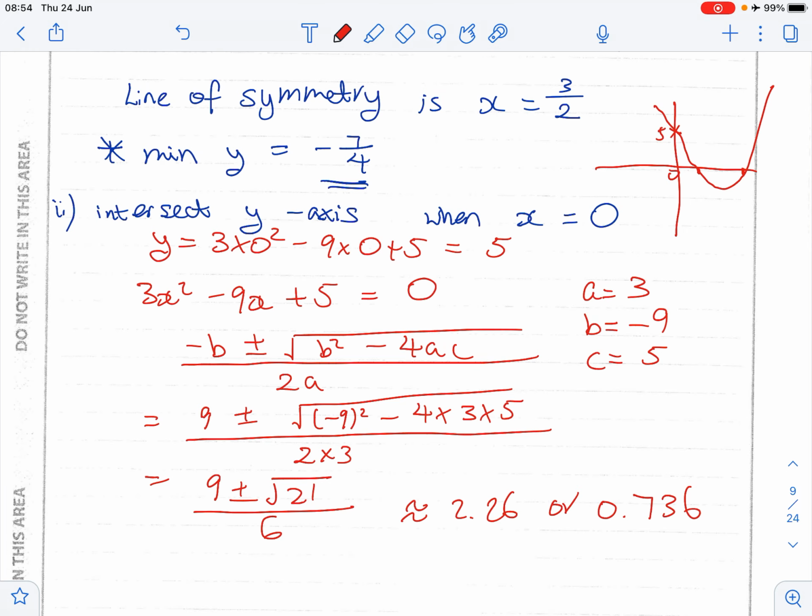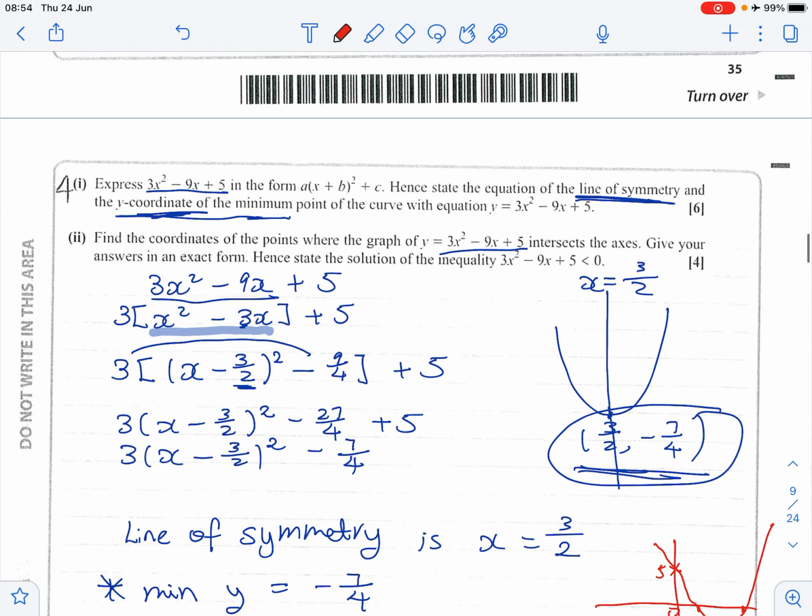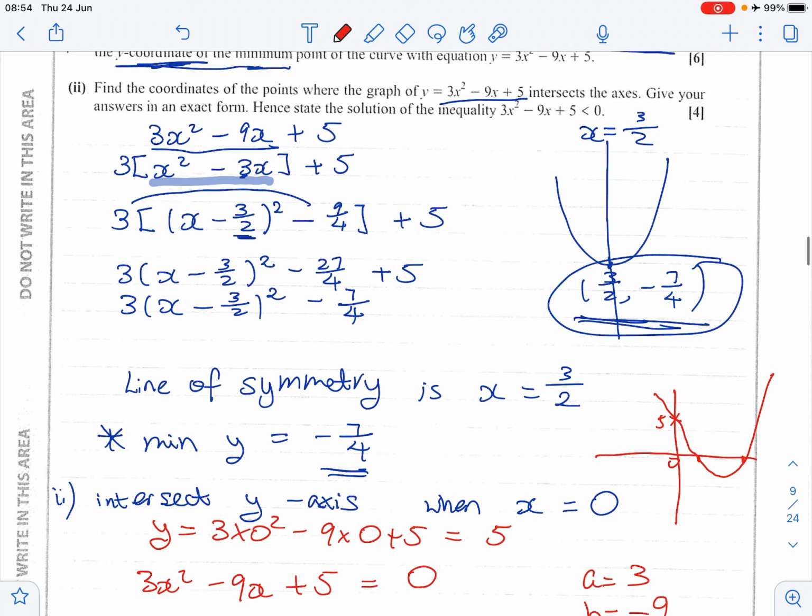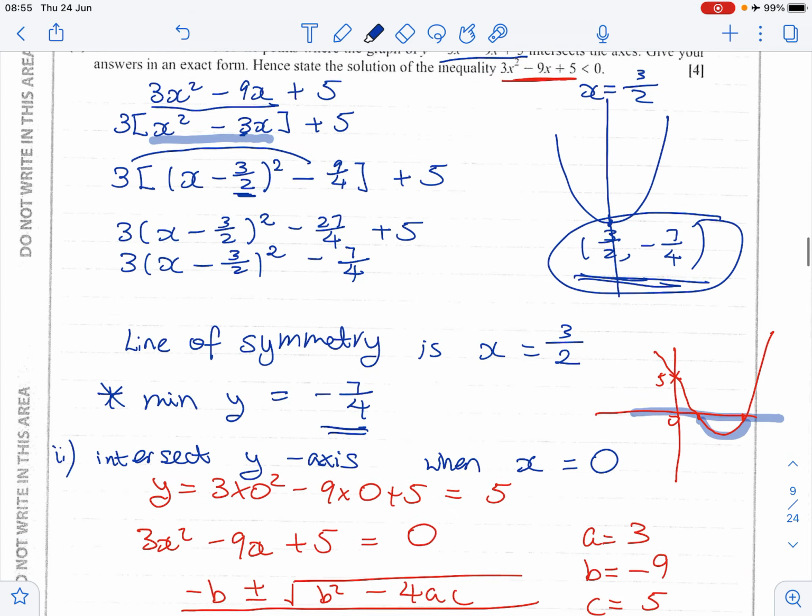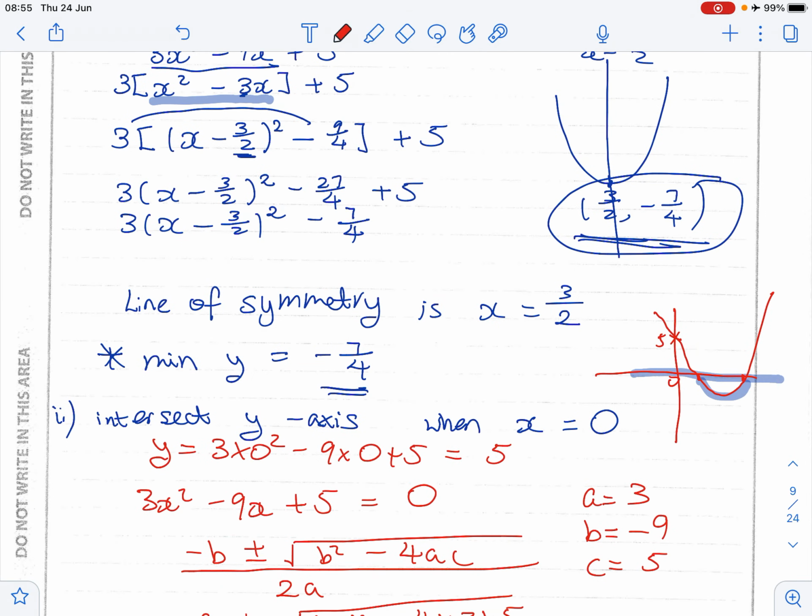So this is a sketch of our curve. And what we're interested in is where this is less than 0. So we're interested in this part of the curve.